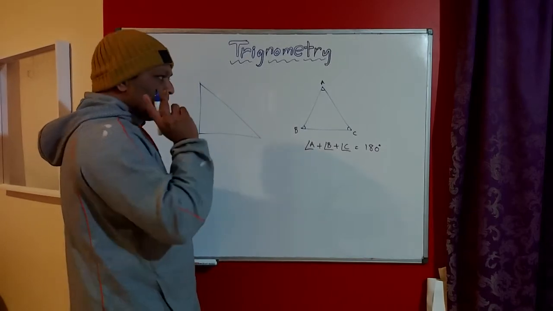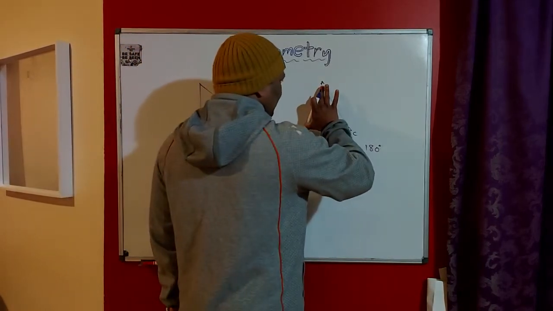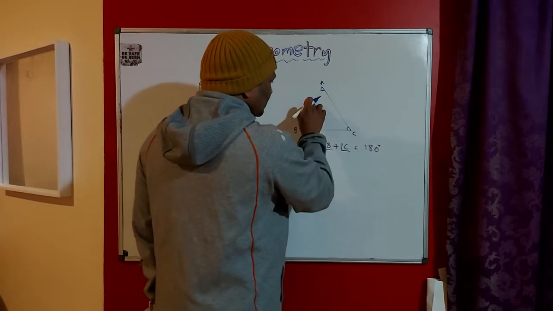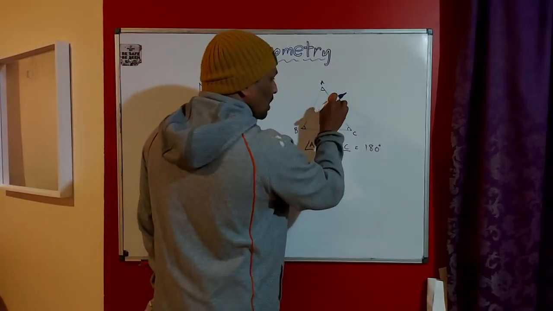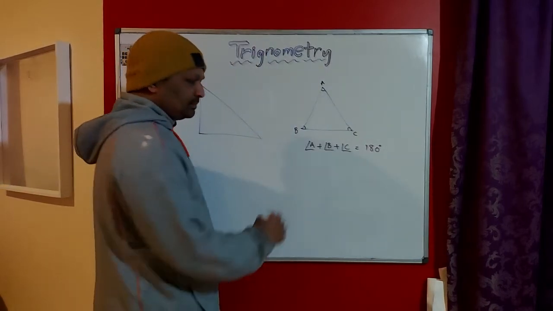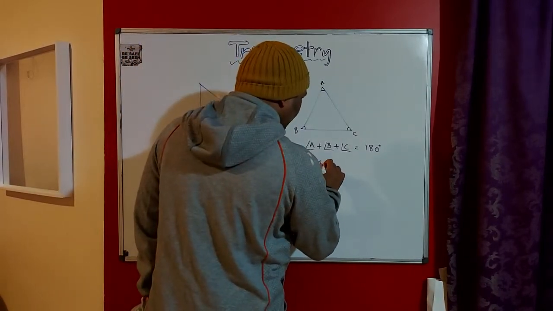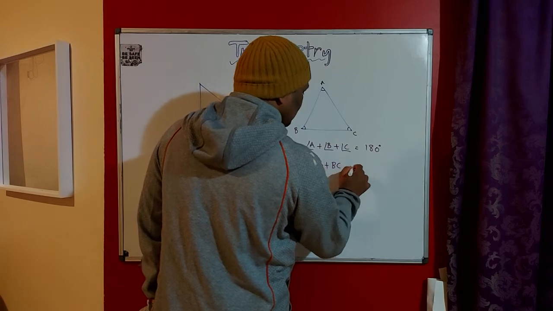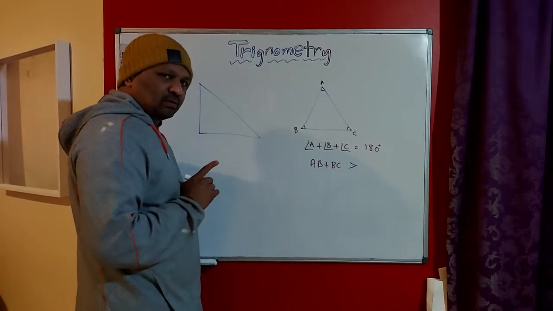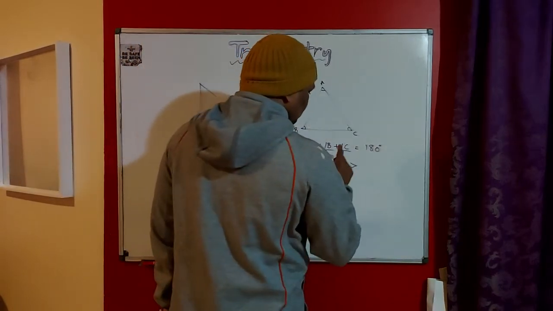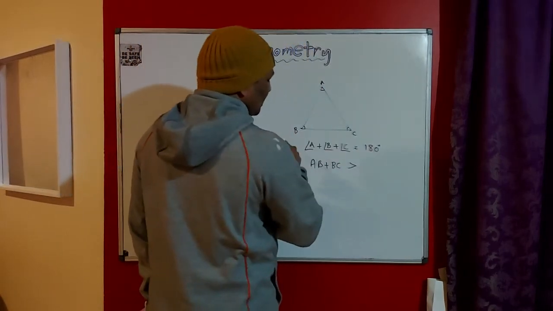So a triangle has three sides and the sum of the three angles in a triangle is equal to 180 degrees. And when it comes to the sides, the sum of any two sides should always be greater than the other side. AB plus BC should always be greater than the other side. What is the other side?